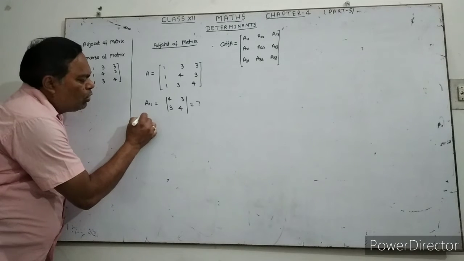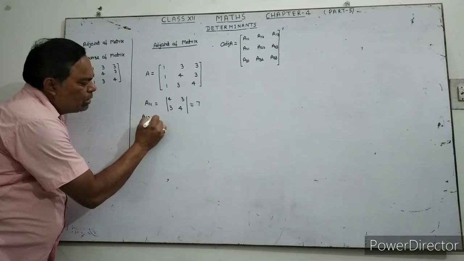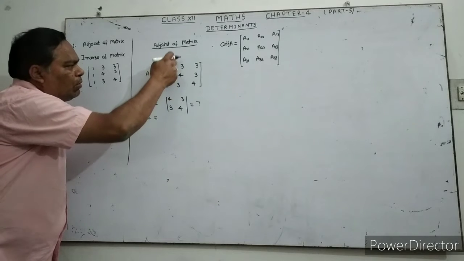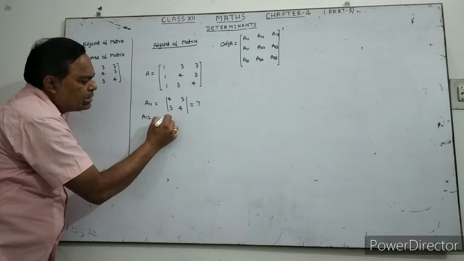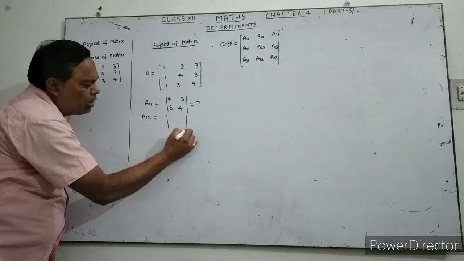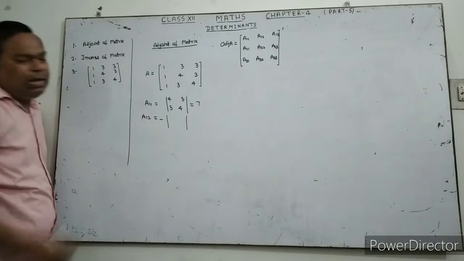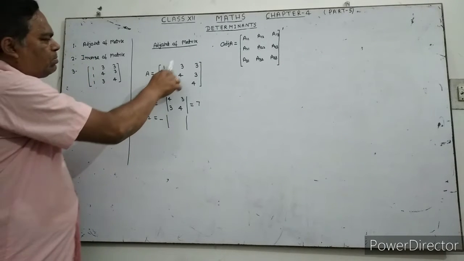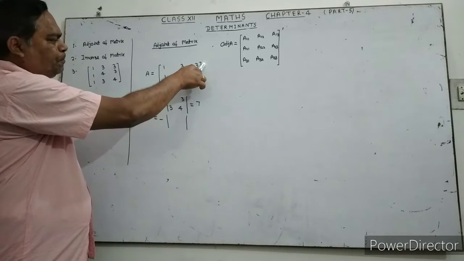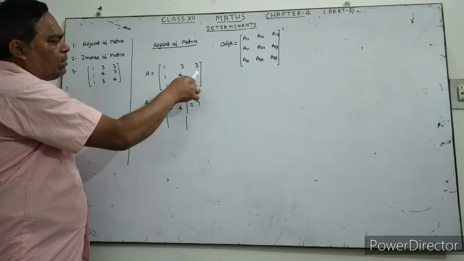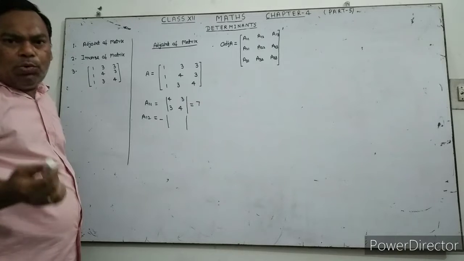Now A12. Forget this row and this column, and you put a minus sign here. Plus, minus, plus, minus, plus, minus, you know.